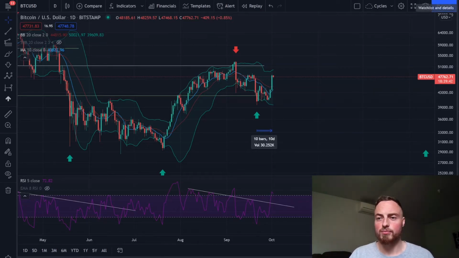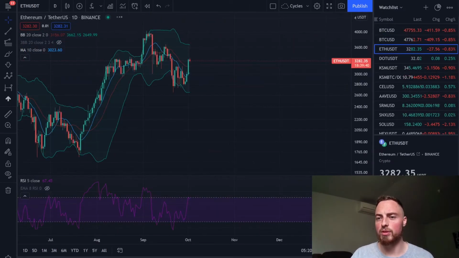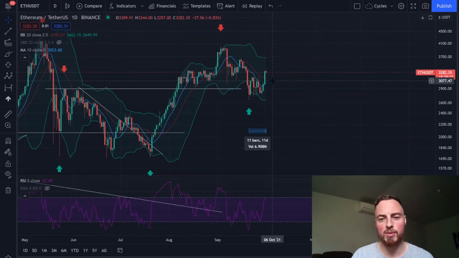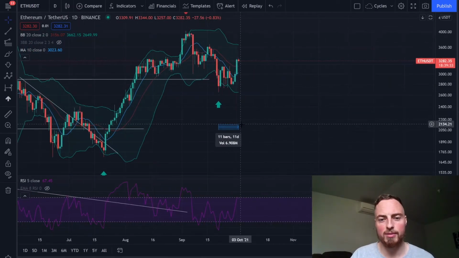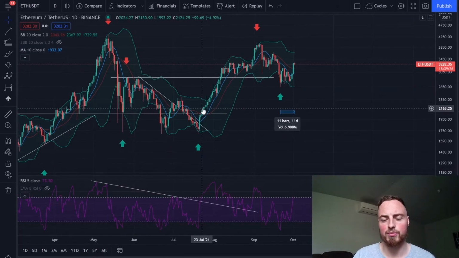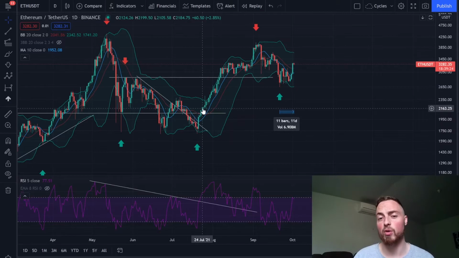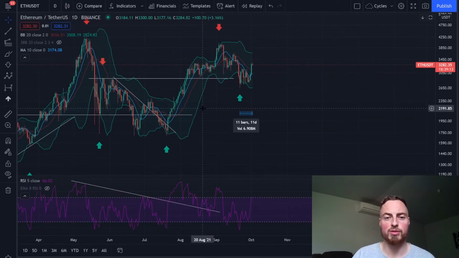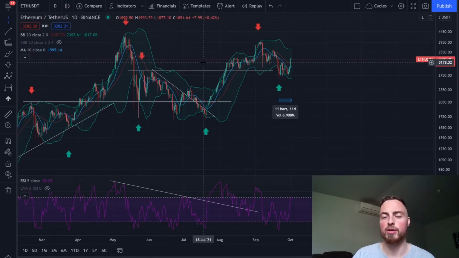Now, looking at Ethereum, this is a 10% candle, and it's not too bad. Generally, I feel a lot of the alts just follow Bitcoin in general. Their price action is just a little bit different, but the cycles are generally the same. So where can we look at Ethereum?